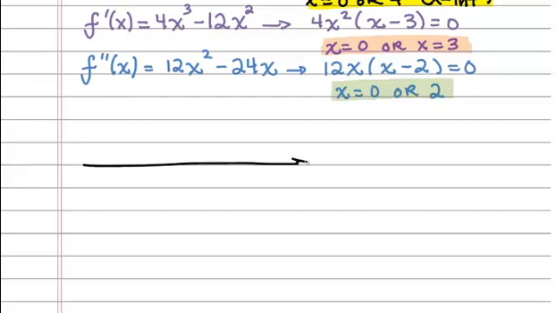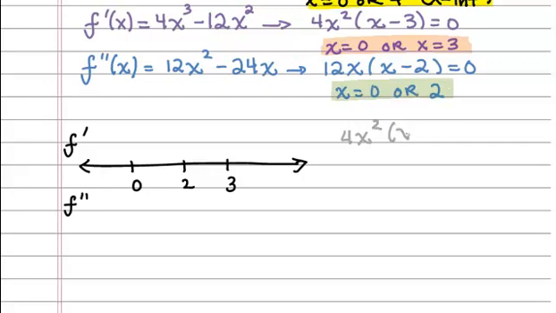I'm going to place the values where the first derivative was 0, as well as where the second derivative was 0. And then I'm going to test each of our regions, for both f prime and f double prime. This way, it will allow me to assess whether my function was increasing or decreasing, concave up or concave down. So it's easiest to do this if we plug it into the factored form.